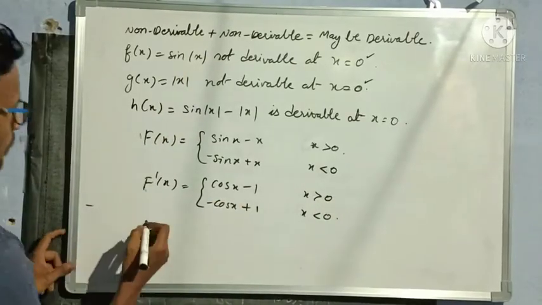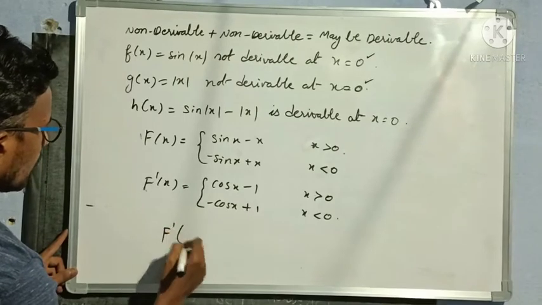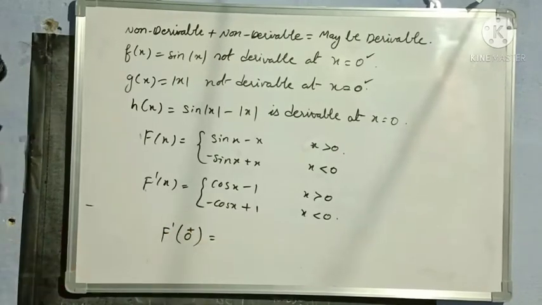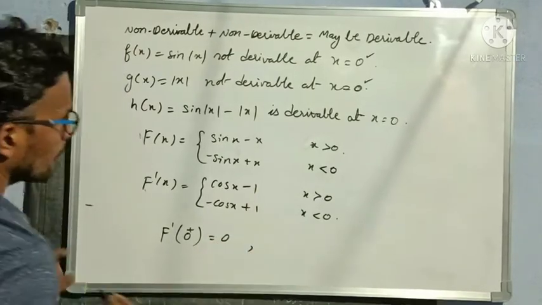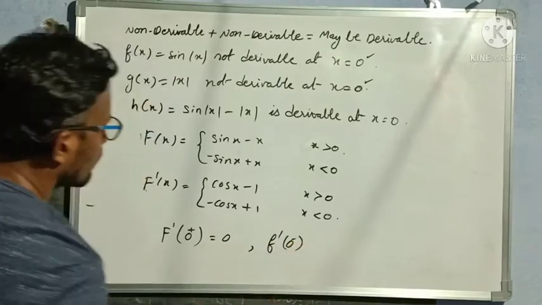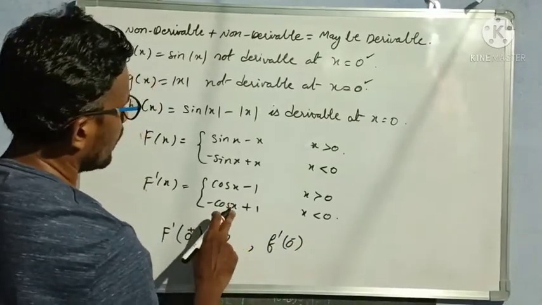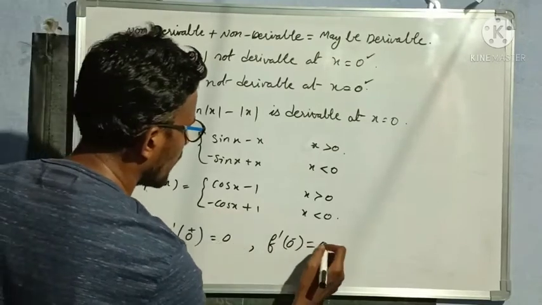Now let us see F dash of 0 plus: cos 0 is 1, minus 1 is 0. And F dash of 0 minus: cos 0 is 1, so minus 1 plus 1, here also we are getting 0.